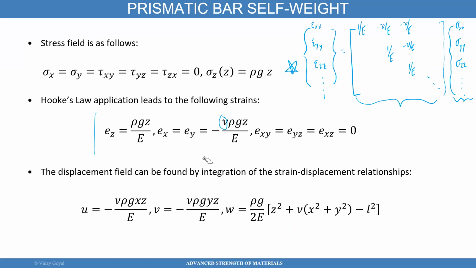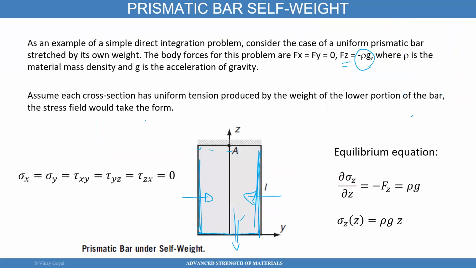Very interestingly, I can draw what this would look like. For example, at z equals L, I have the most strain. So what I expect this material to do is stretch. This point is going to stretch a lot.